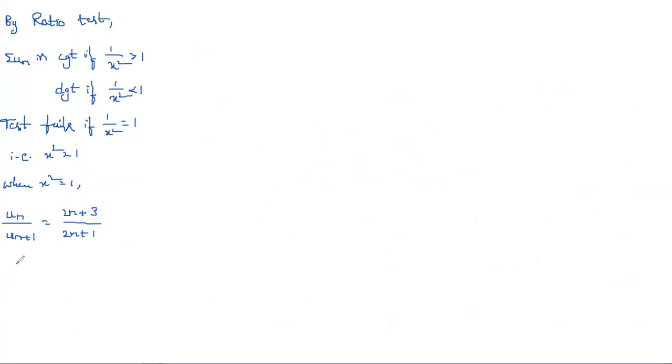And now un by un plus 1 minus 1. So that is nothing but 2n plus 3 by 2n plus 1 minus 1 is equal. Take LCM, here it is having 2n plus 1. So 2n plus 3 minus 2n minus 1. So here 2n both will cancel. So 2 by 2n plus 1. This is un by un plus 1 minus 1.